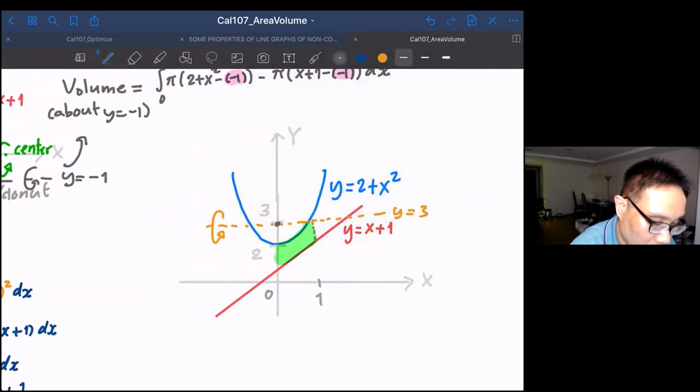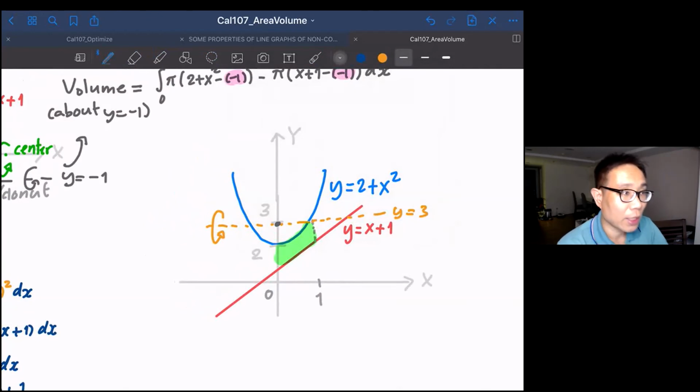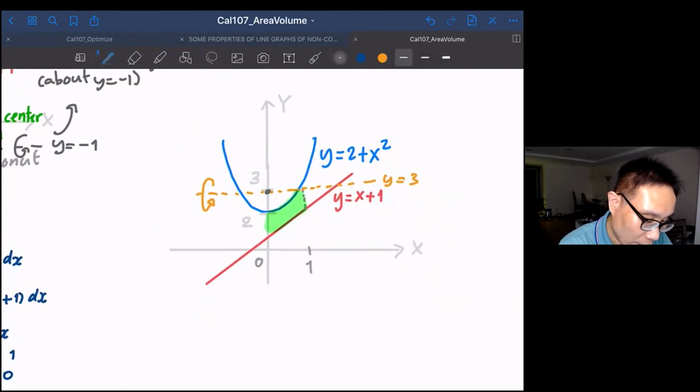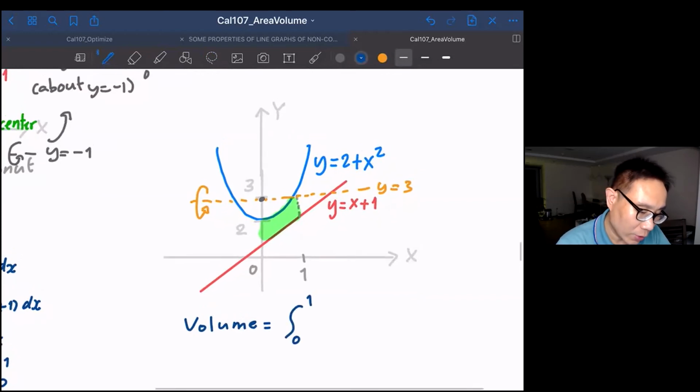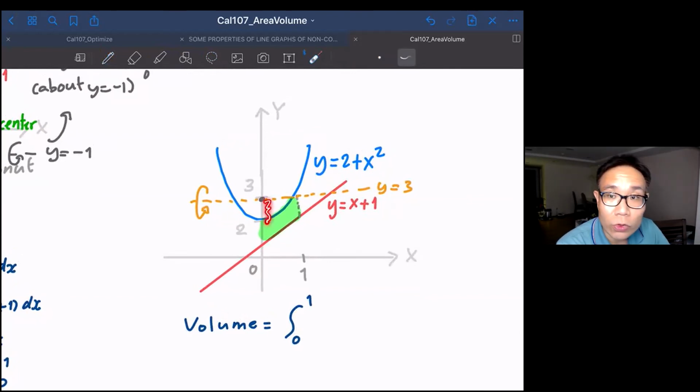So the center is here, and you see that you're going to get kind of a bow in this case. The volume is given by the integral from 0 to 1, and you see that y equals 2 plus x squared turned out to be inside, and y equals x plus 1 turned out to be outside.